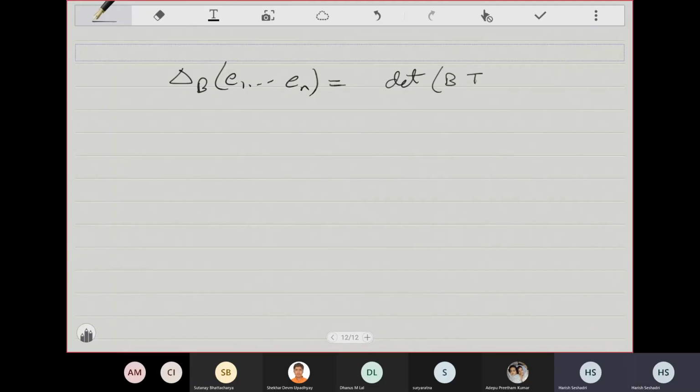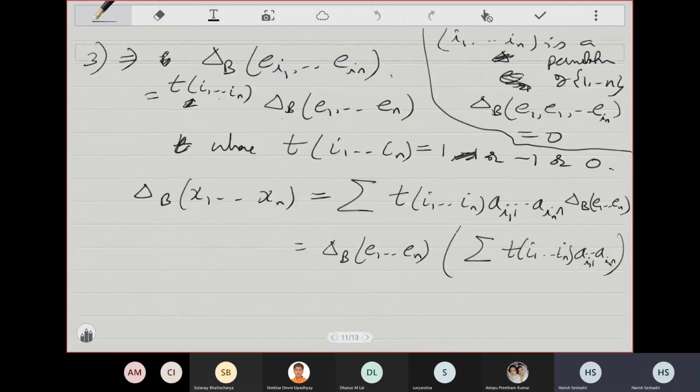This is determinant of B times identity, which is determinant of B. So this part is just determinant of B. Now, what about this stuff here? We don't know what this is. No, I mean, actually we know, but see, this almost looks like the determinant of A.